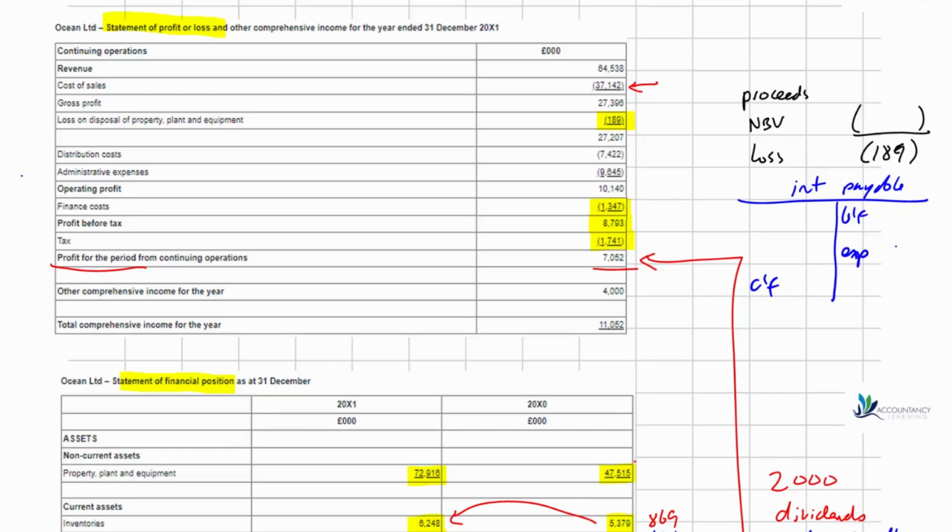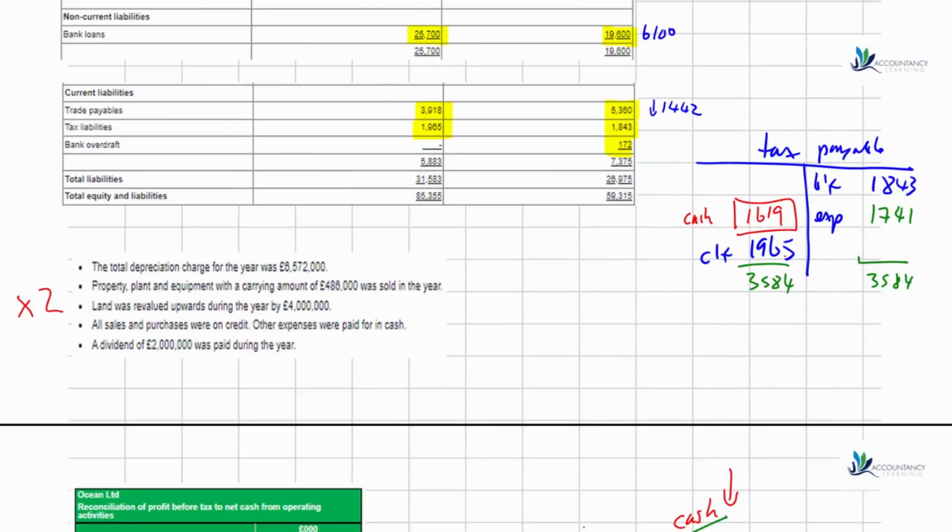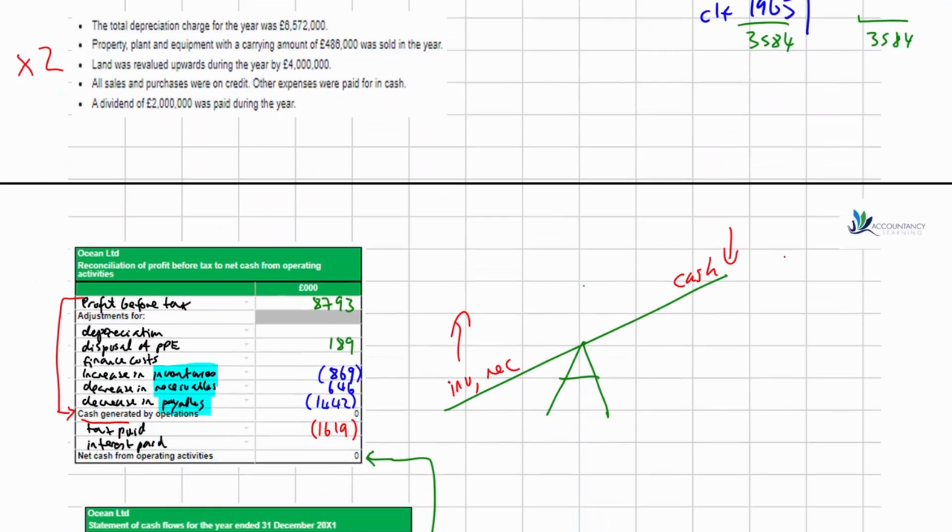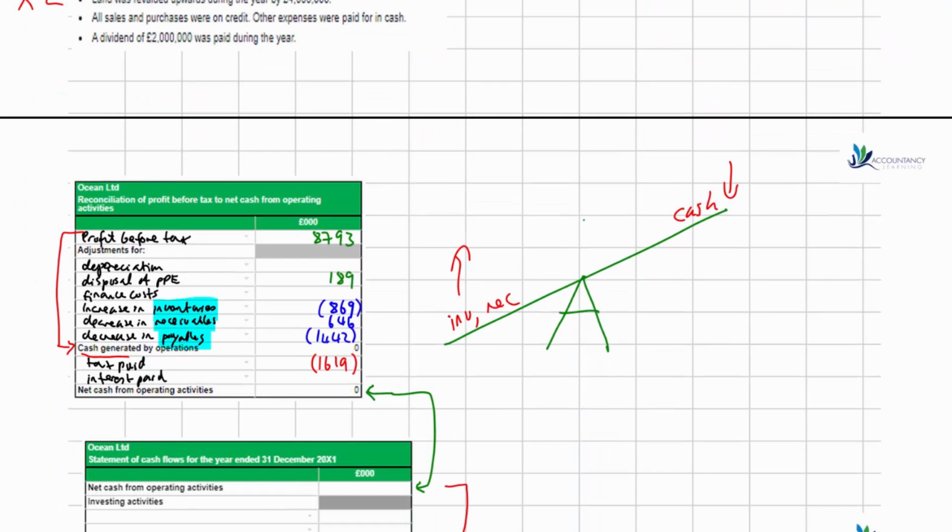In this case, we've got our expense of 1347, and we want to know what our cash position is, which is going to be our missing number. That 1347 may include some accrual, so it may not be cash. It probably is mostly cash, but there may be some accrual included in there which is not cash. So we can put our 1347 into our answer as our finance cost.